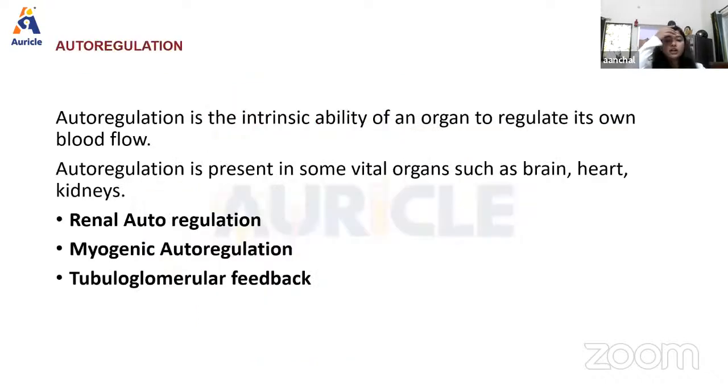Now next we have the auto-regulation of kidney. So basically, this auto-regulation is important to maintain the glomerular filtration rate. This renal auto-regulation is important to maintain GFR. Okay, so blood flow to kidneys remains normal even when the arterial blood pressure rises.